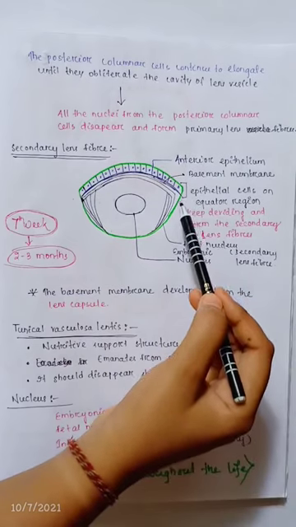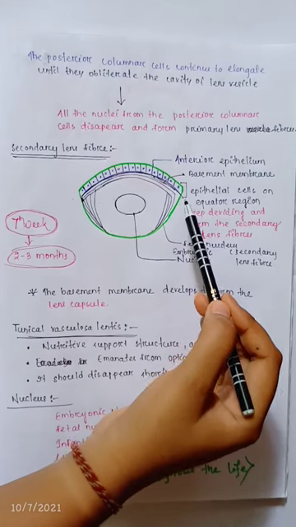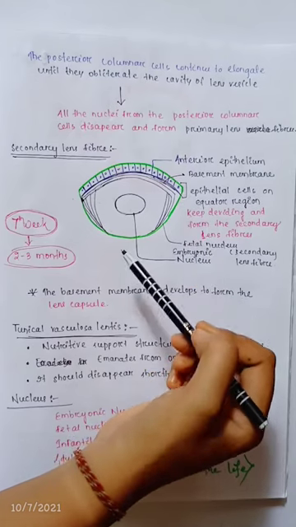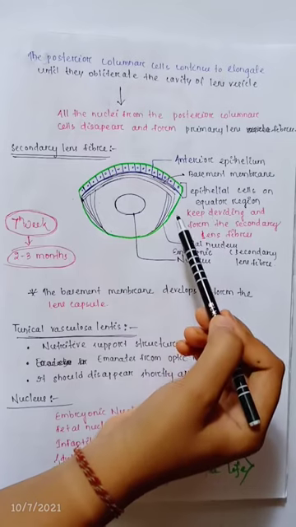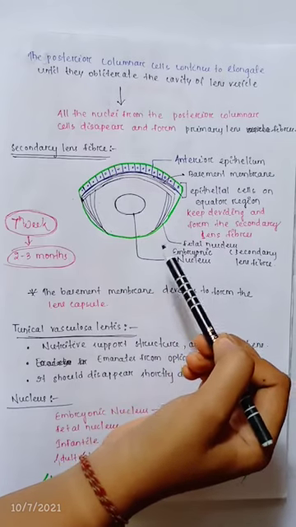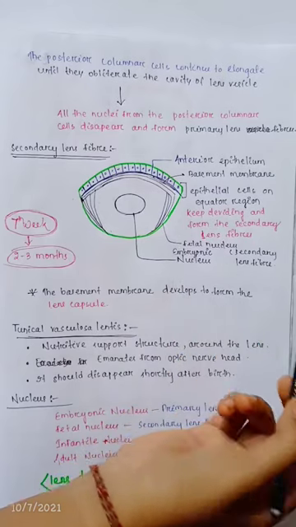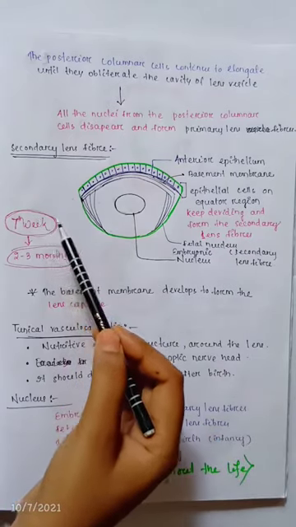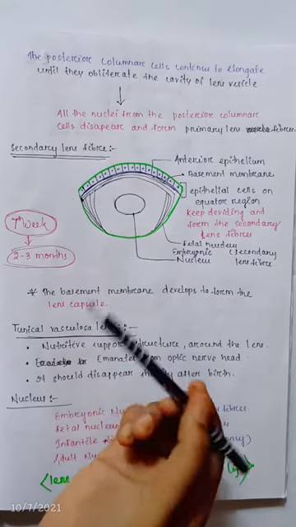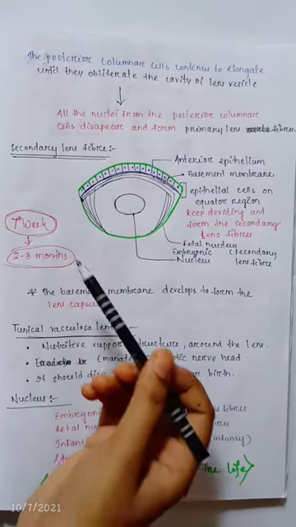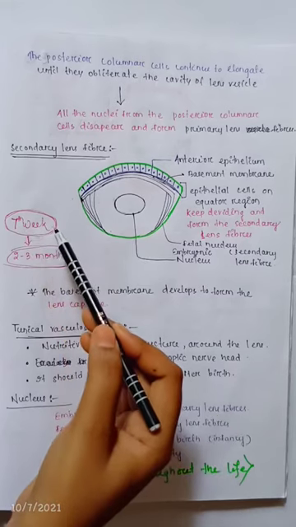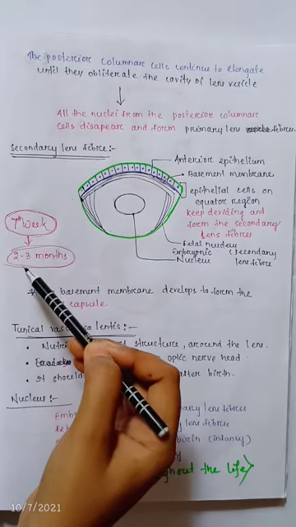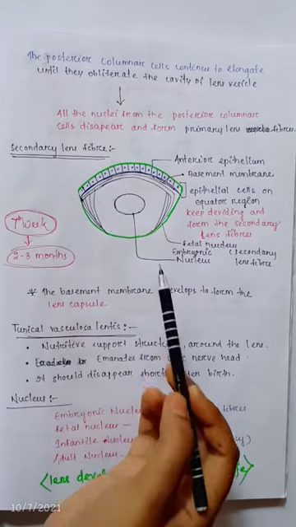The epithelial cells of the equator region will further develop to form the secondary lens fiber, and the nucleus of the secondary lens fiber is the fetal nucleus. This process, from the primary lens fiber to the secondary lens fiber, takes from the 7th week of gestation to the 2nd to 3rd month.